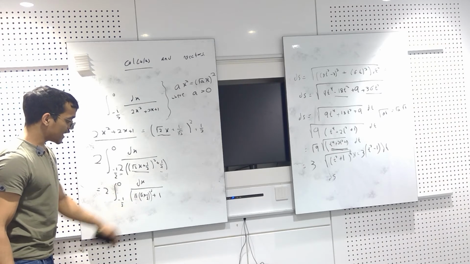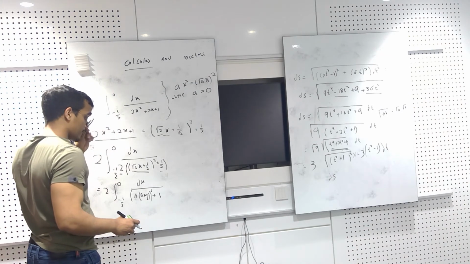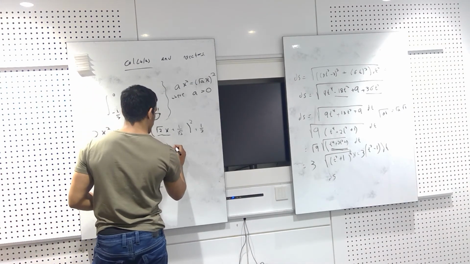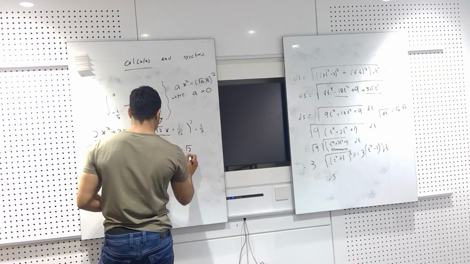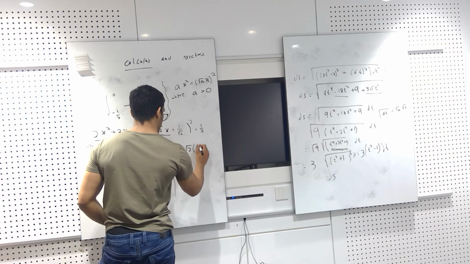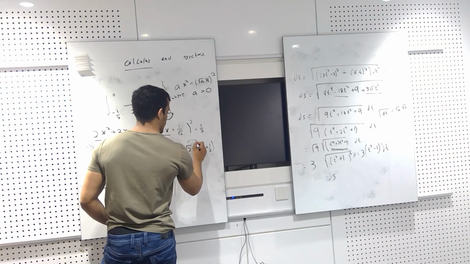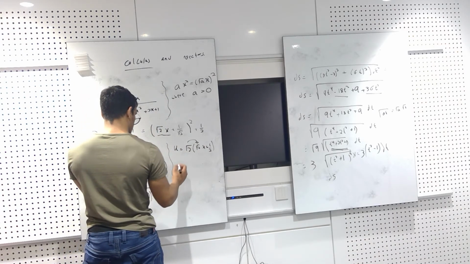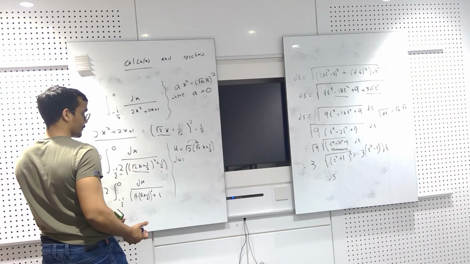From this you can expand it and then make a u substitution. And for those questions, always make the u substitution as u equal to square root of 2 times square root of 2x plus half. So you can expand this one, then find du in terms of that stuff.